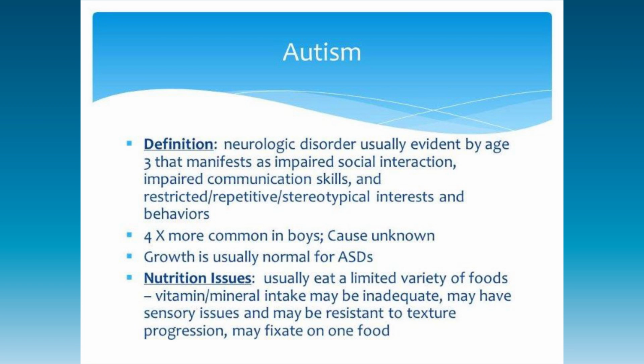It's 4 times more common in boys than girls, and at this time we don't know the cause of autism. Usually their growth is normal. They don't have any special nutrient needs for the autism spectrum disorders.